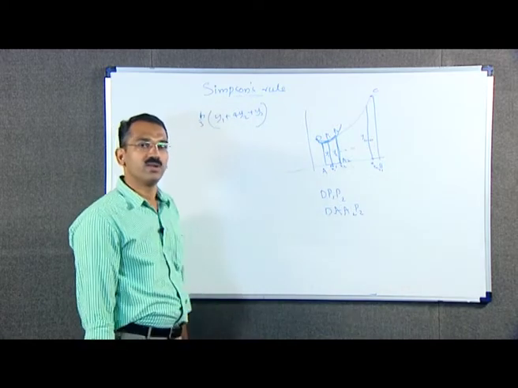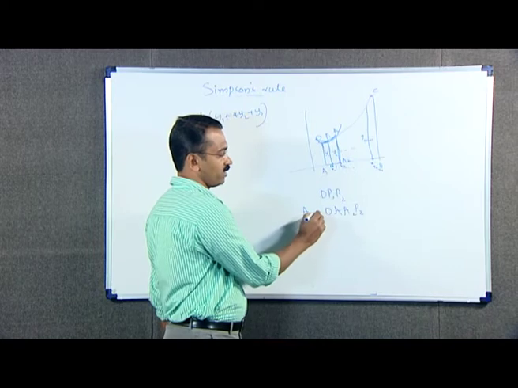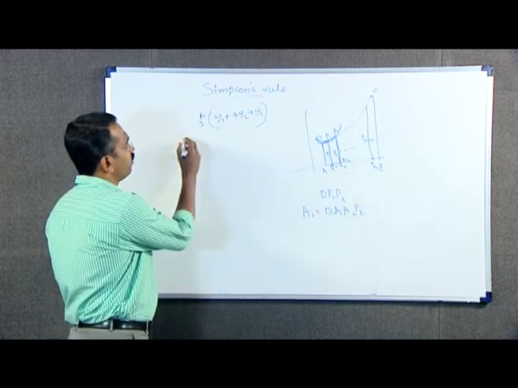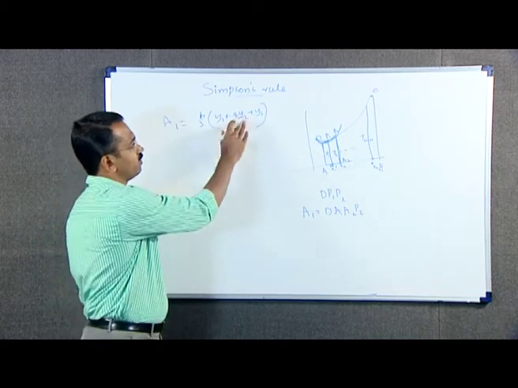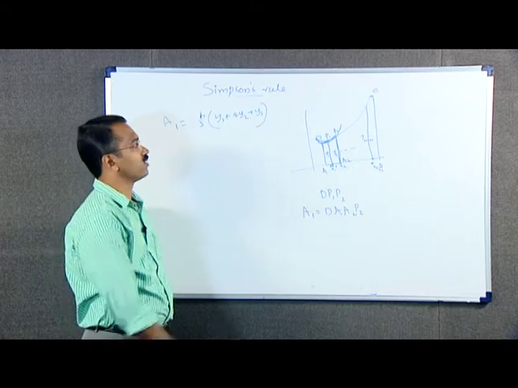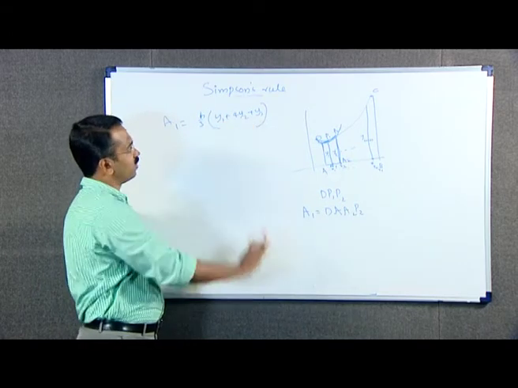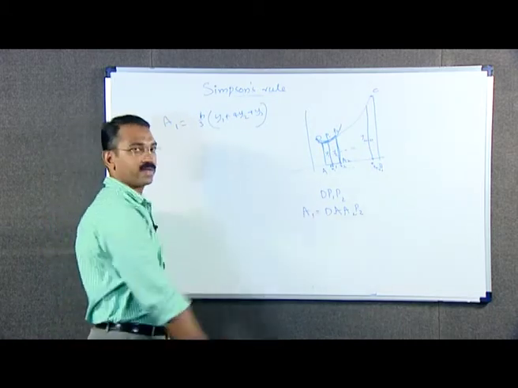Hence, if we name this area as A1, we get A1 is equal to this area under the approximating parabola, which is approximately equal to the actual area.